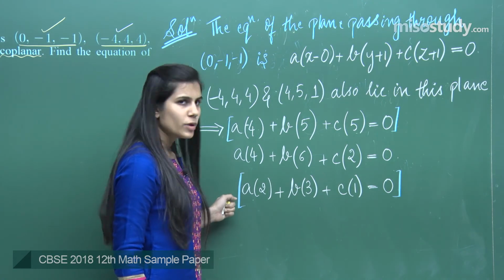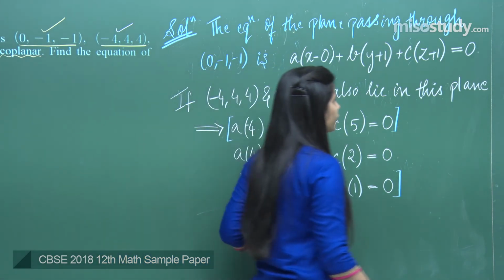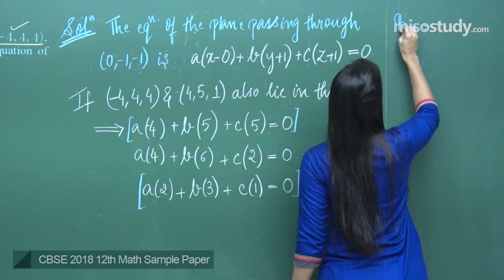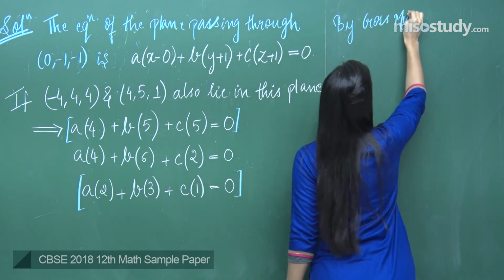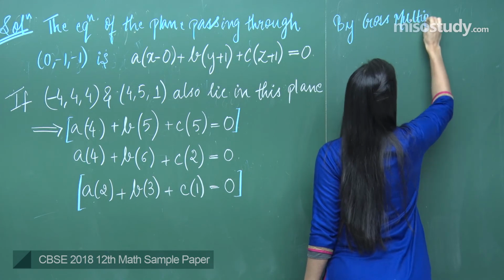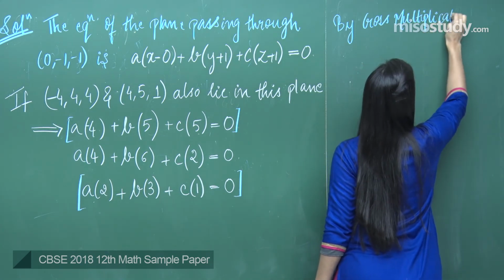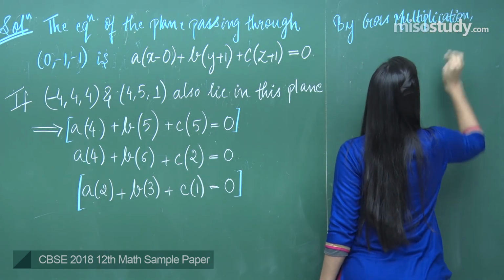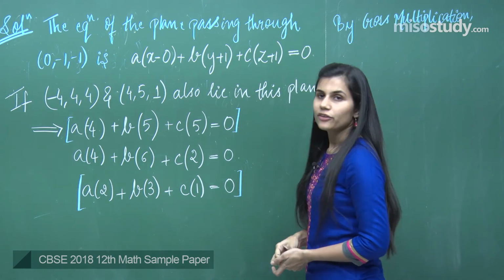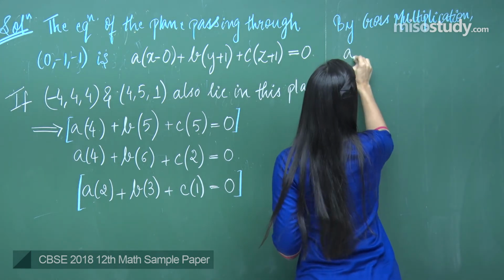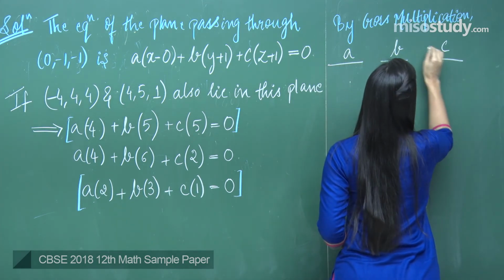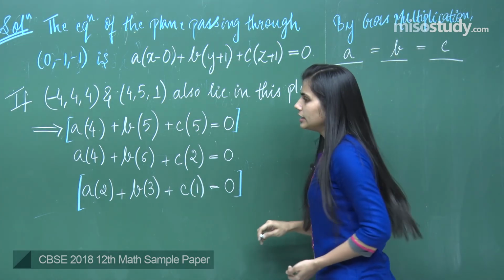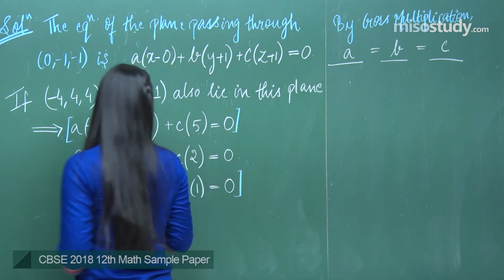And these two equations, when you consider by cross multiplication, what is it that you get? By cross multiplication, the technique is you write A, B and C. Now, you fix the first column.